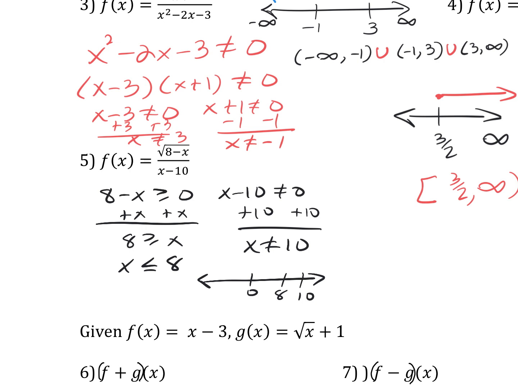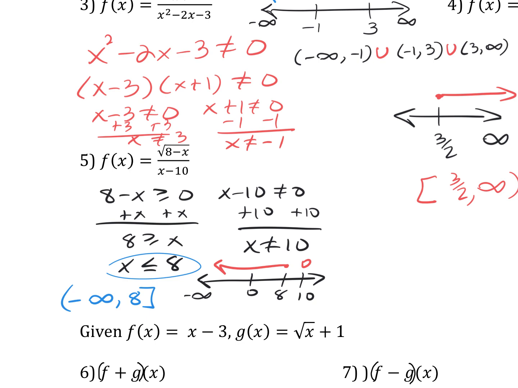So x is going to be less than or equal to 8. So closed circle going here. But the 10 is an open circle. Just like number 1, that open circle doesn't affect the x is less than or equal to 8. So I can go ahead and my domain will only be based off of this. So it's from negative infinity up to the 8 with a bracket, and negative infinity gets a parentheses.